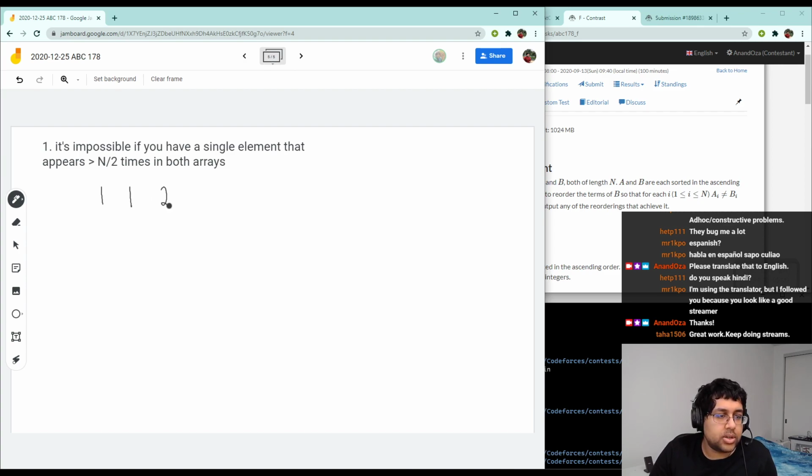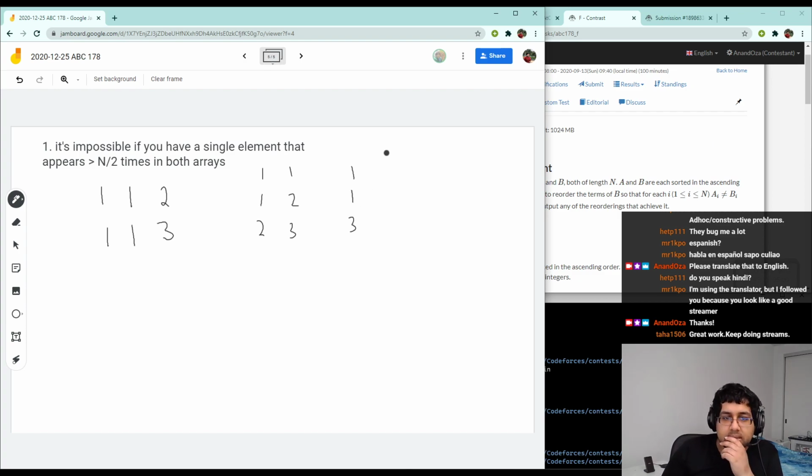So you have 1, 1, 2, and then 1, 1, 3 in one of the examples. You have all these numbers, and you want to assign every index exactly twice. You have your first 1, 1, 2, and you always assign those the indices 1, 2, 3. Then you have 1, 1, 3, and you want to assign these some indices.